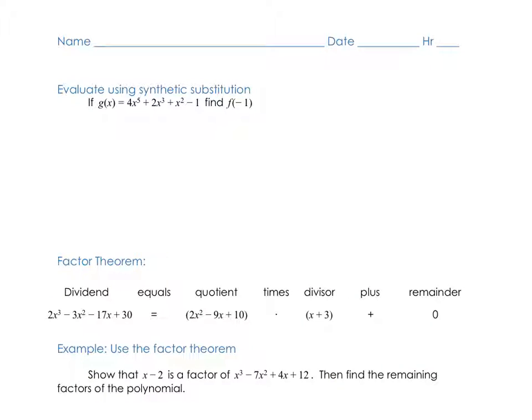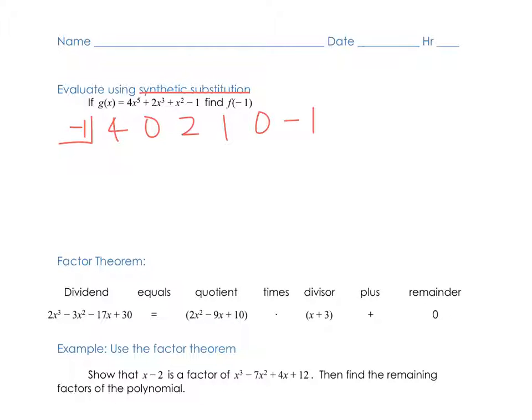Here's another problem where they want us to find the value of the function of -1, and they want us to use synthetic substitution. So I'm going to use -1 as my divisor, and then my coefficients 4, 0, 2, 1, 0, -1.